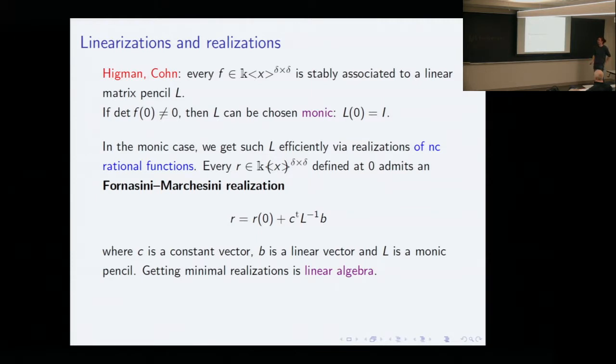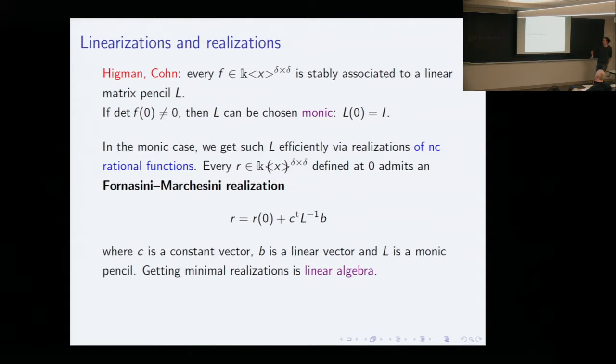At least in the monic case, the most efficient way to do that is by realizations of noncommutative rational functions. We've already seen some realizations in the last 2 days. Basically, there are different kinds of realizations; it depends which one is your favorite one. For the last year or two, the Marchesini one is my favorite.